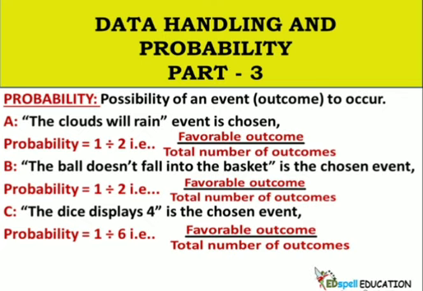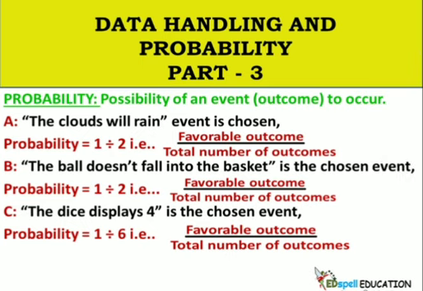Probability is the possibility of an event to occur. In example A, there were two outcomes, that is, the clouds will rain or will not rain, right? Now here we are choosing the event that the clouds will rain. So the probability of this event is 1 divided by 2. That is the favorable outcome divided by the total number of outcomes.